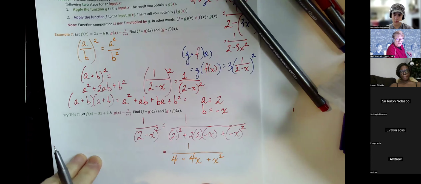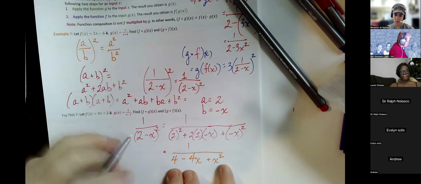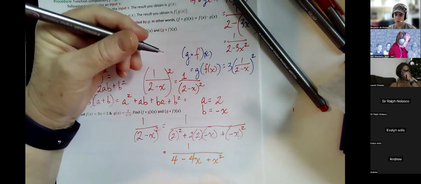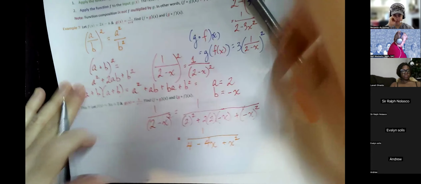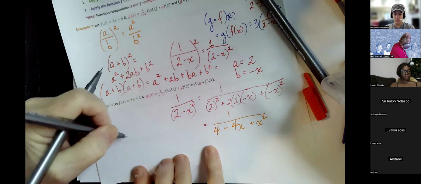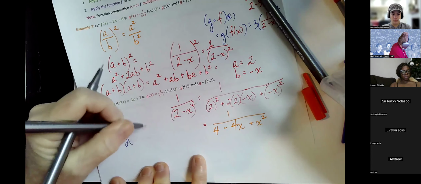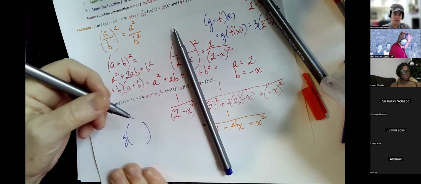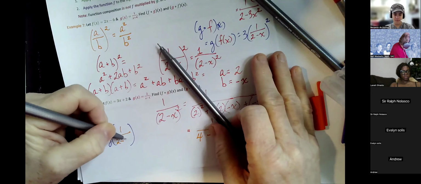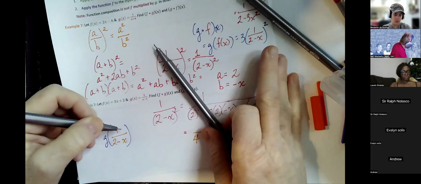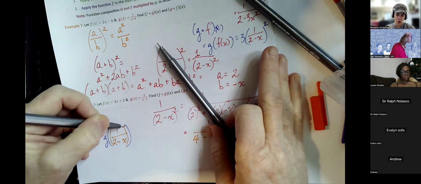So we always get 3 terms when we square a binomial, and that's why I'm emphasizing it. So here we had g of 1 over 2 minus x, and this was all squared.